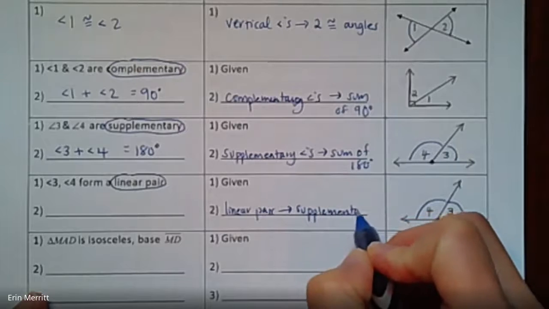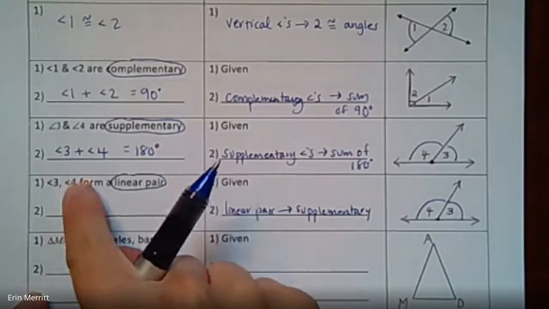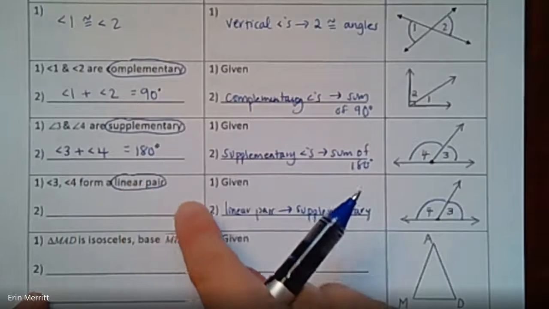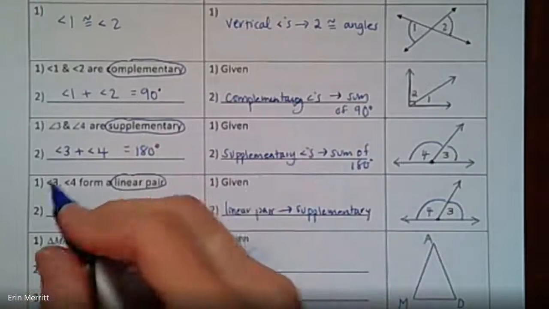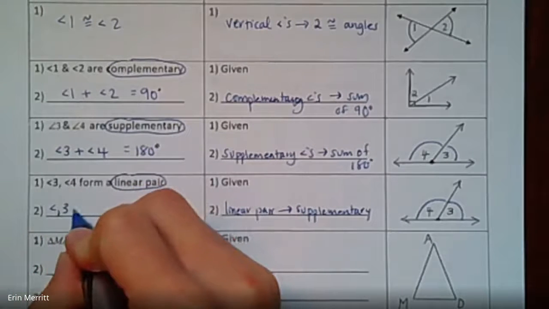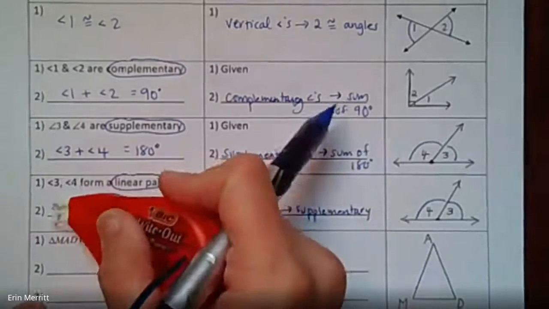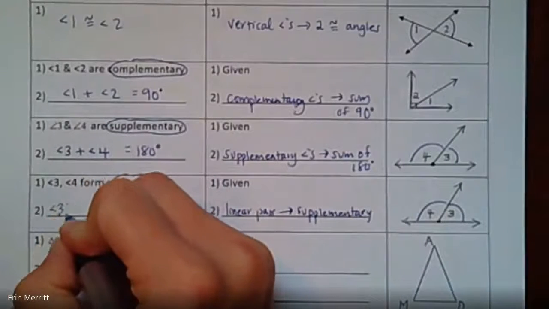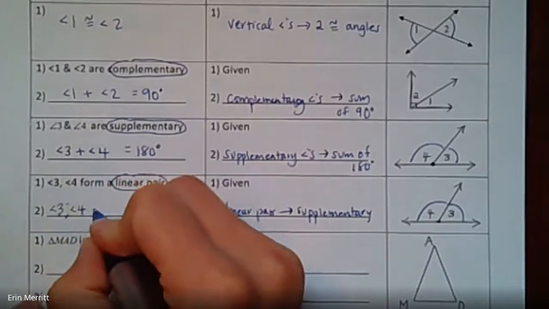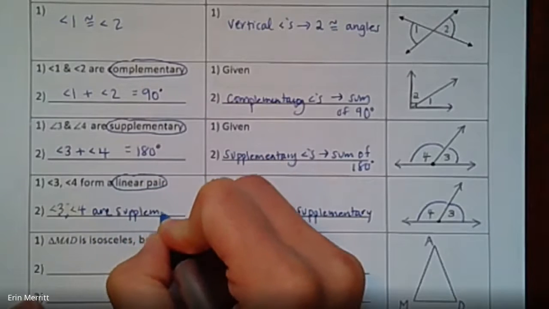Now, these are all separate examples, but if this was in an actual proof, it would make sense that this would be given to you first, and then we would be able to make that next statement here, all right? So we would want to say that angle 3 and angle 4 are supplementary.